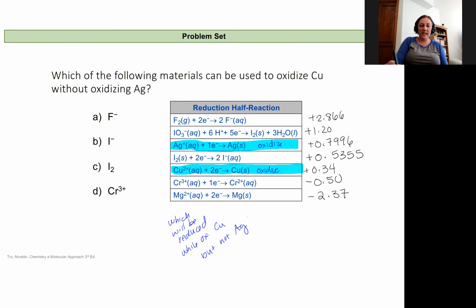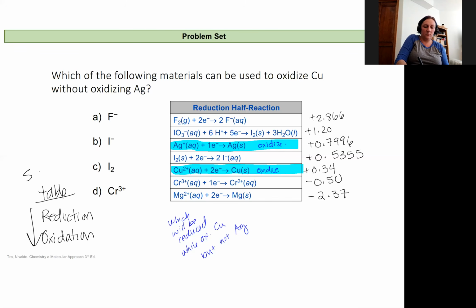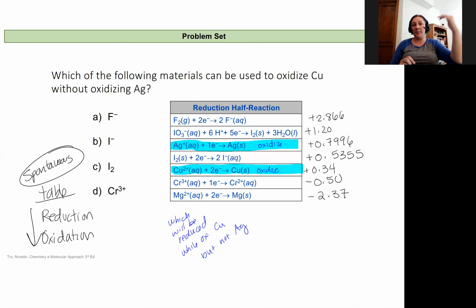And so looking at this, that means that our reduction is always going to be higher on the table if it's going to be spontaneous. So if we're looking at these as oxidations, what is above copper but not above silver on our reduction half reaction table?